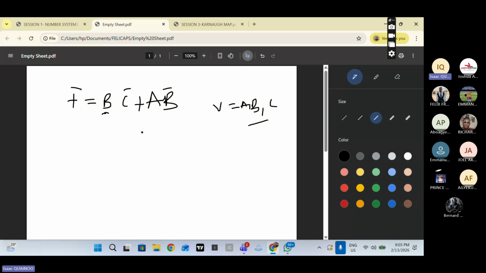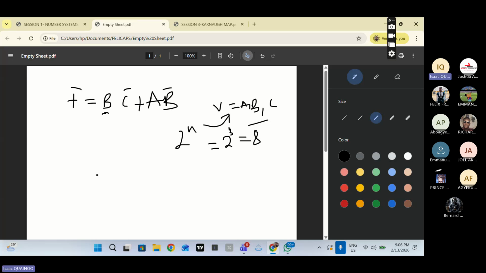For you to understand what a 3 variable K-map is, if you want to know the number of boxes your K-map should have, you use 2 raised to the power n, where n is the number of variables that you have. So if you have a total of 3 variables, you take 2 raised to the power 3, and 2 raised to the power 3, we know that gives us 8, right?